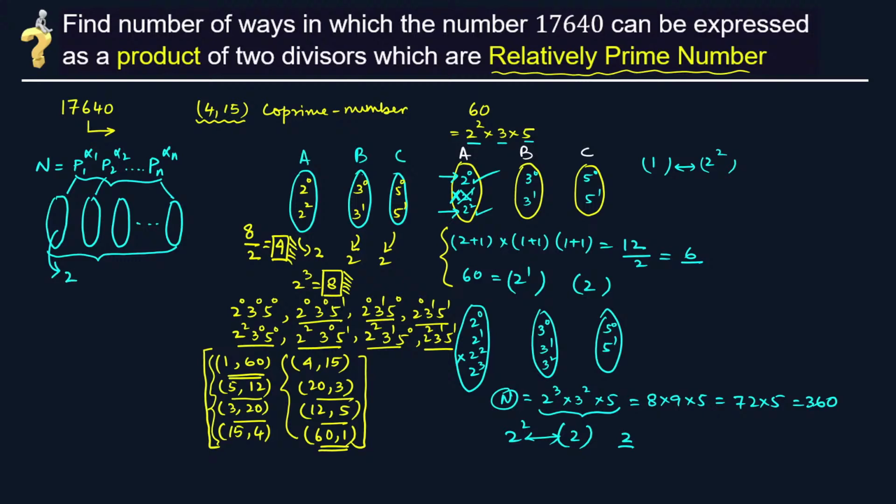Either you will select the lowest one, P1 to the power 0, or you will select the highest one, which is P1 to the power alpha 1. So for every set, there are only two ways of selecting numbers. Tell me yes or no.